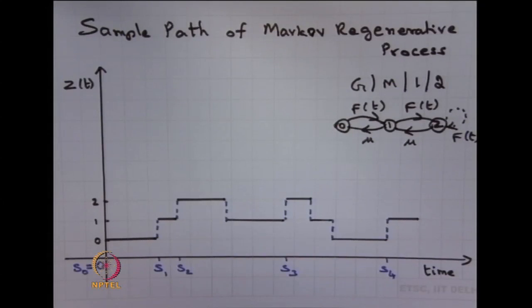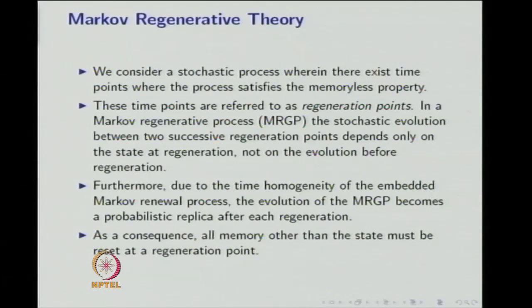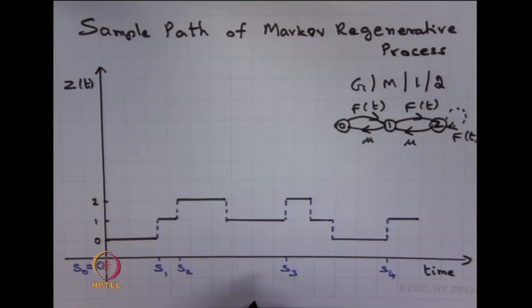In a Markov regenerative process, the stochastic evolution between two successive regeneration time points, that means between S2 to S3 or S3 to S4, depends only on the state at the transition and at regeneration, not on the evolution before regeneration.